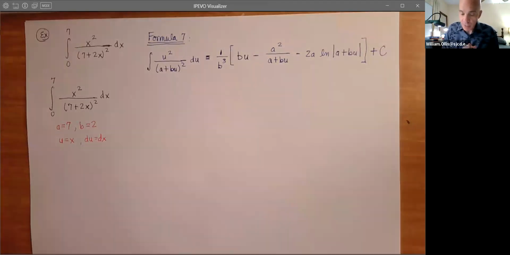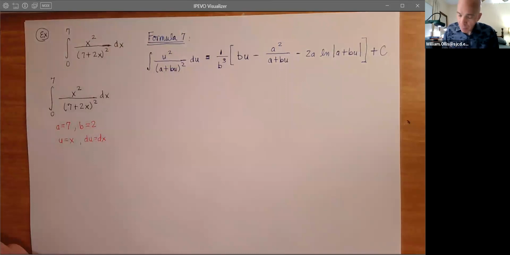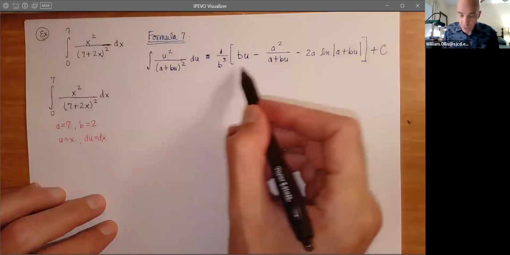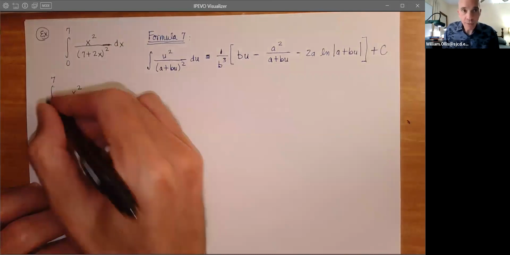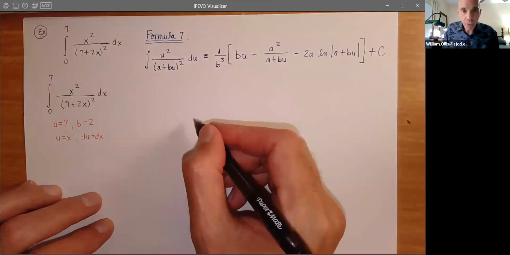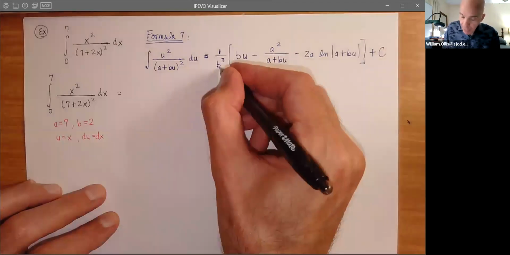Sometimes we look at this and say, okay, well, in the last one we had that 1/10 factor, but don't be surprised if the problems are set up in such a way that you don't have any other coefficients to worry about. Now we can just go ahead and substitute and then of course apply the fundamental theorem, 0 to 7. So again, this will be a real number. So we have 1 over b cubed.